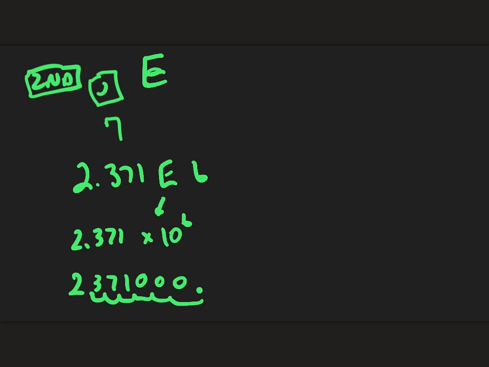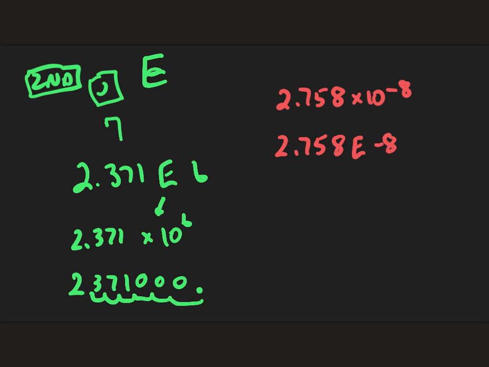It's 2.3 million, which is a large number. Or conversely, we could deal with very small numbers, like 2.758 times 10 to the negative 8. Now, this will show up on a computer, if you did a calculation, as 2.758 E negative 8.